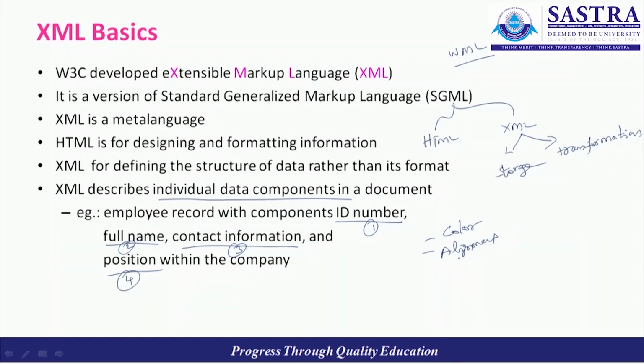But with the help of XML, we are not giving much importance to display. We are giving importance only to how the content can be stored, how the content can be retrieved, how it can be transformed to various vendor products. This is the aim of XML.